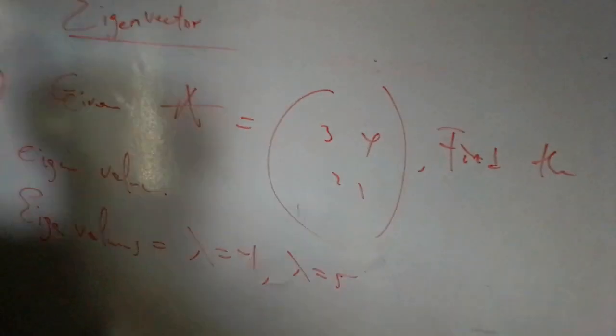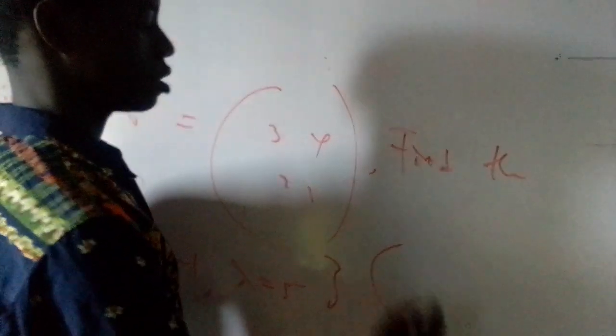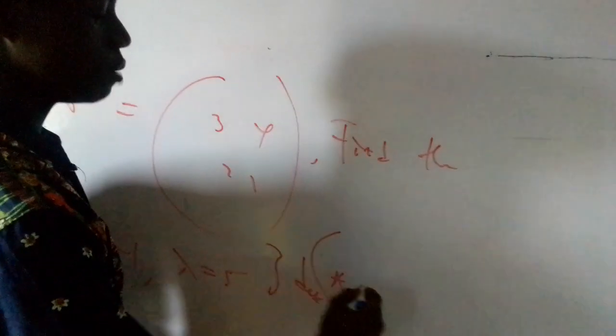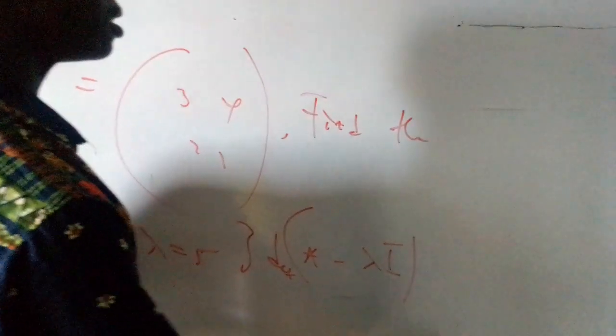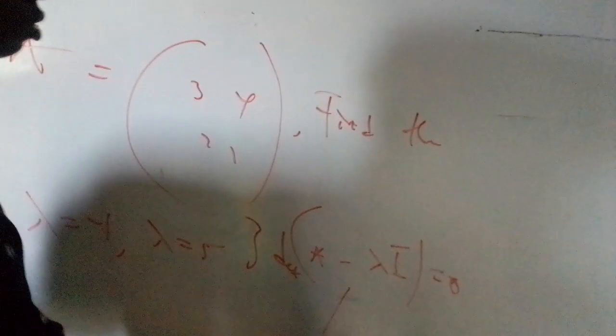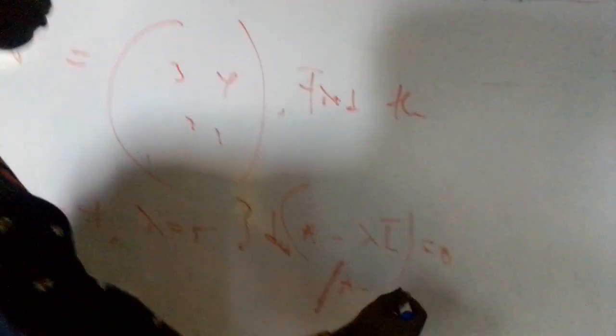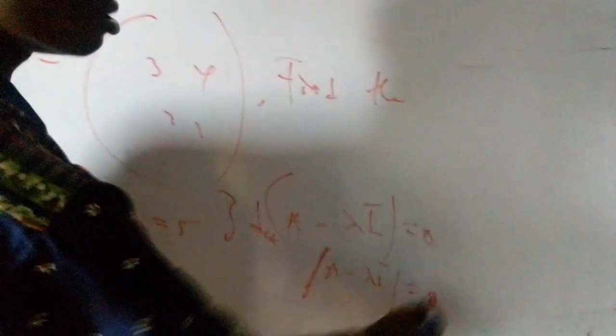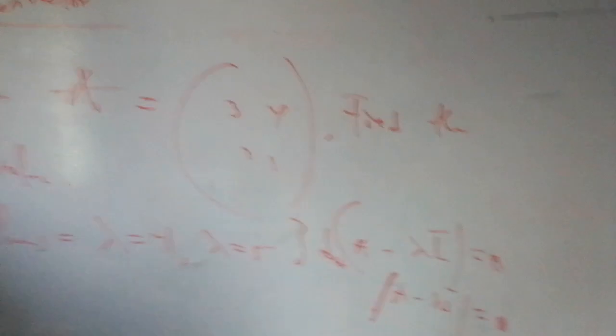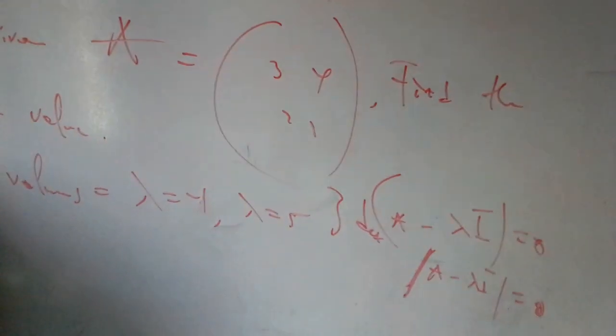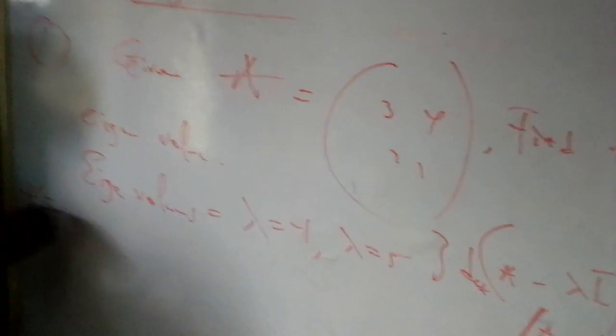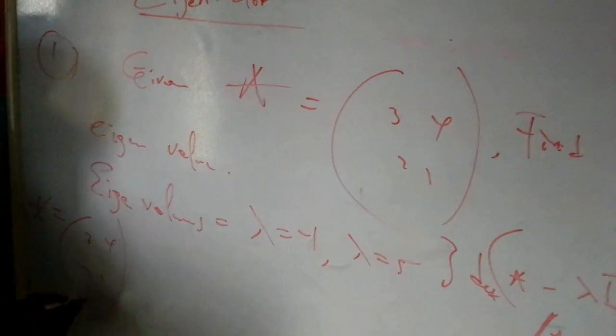Now remember that the formula we used was determinant of A minus lambda times the identity matrix equals 0. In this video we are not going to be using this formula, because we are looking for the eigenvector of this matrix, A equals [3, 4; 2, 1].